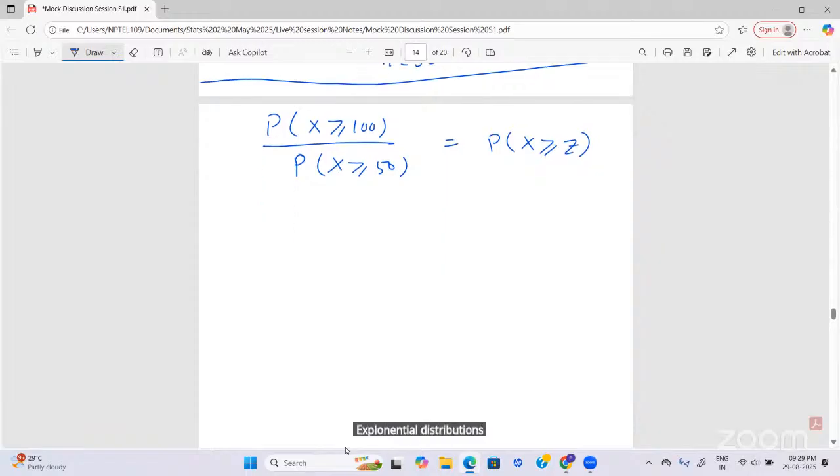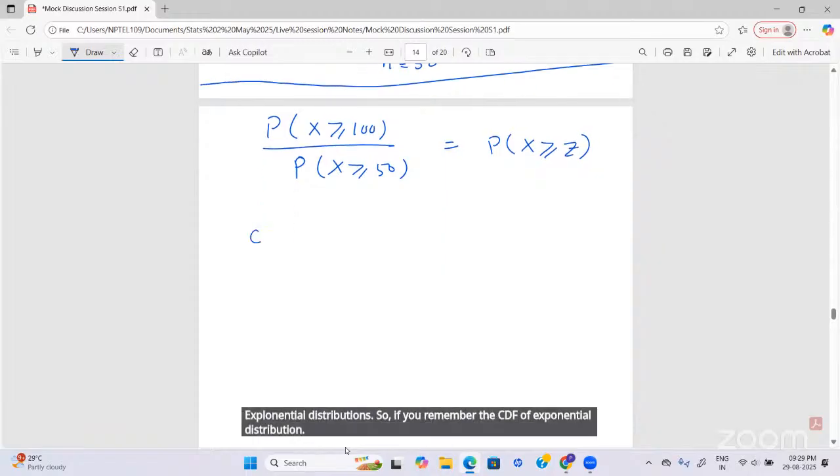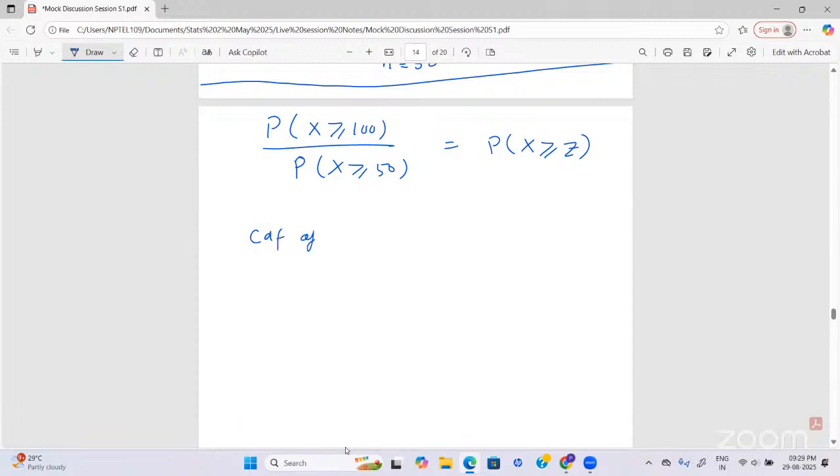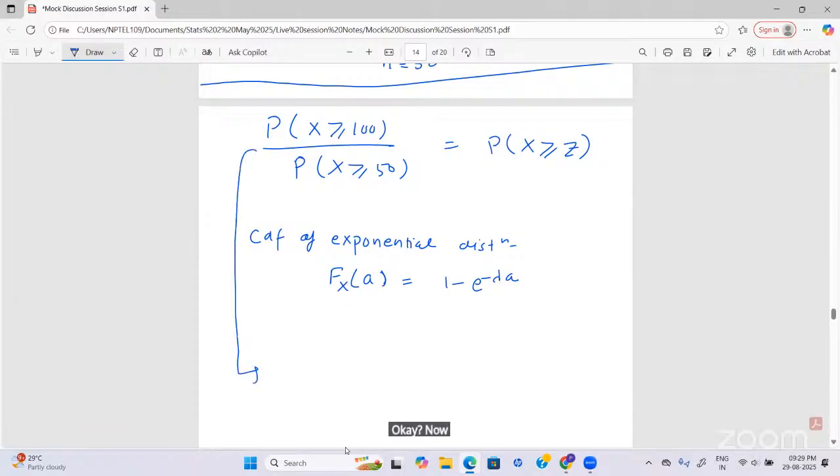So if you remember the CDF of the exponential distribution, if you want to find the CDF at some point A, the formula is 1 minus e to the power minus lambda A. Now I can write this term.